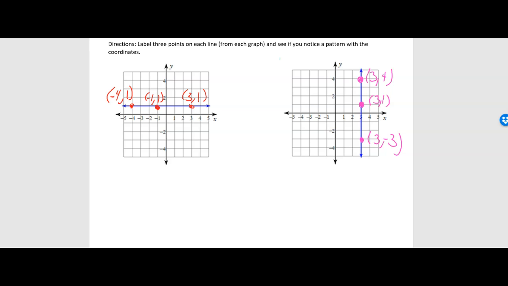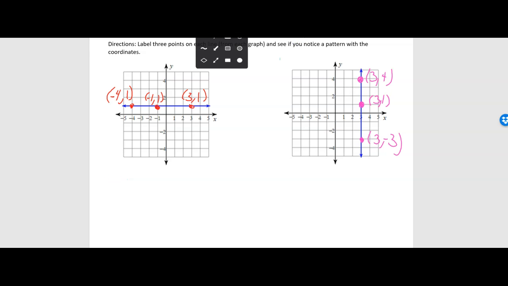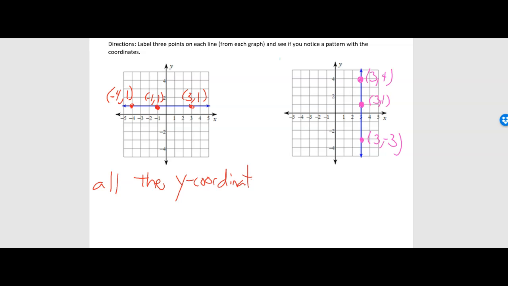If we're talking about the horizontal line, let's actually do it in the same color, red. The x coordinates are all different, but all the y coordinates are equal to 1.